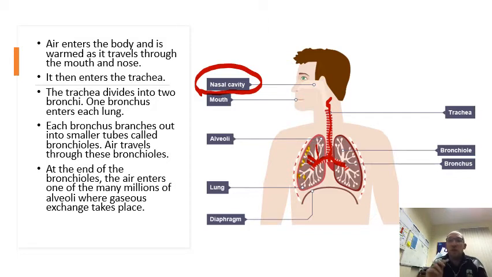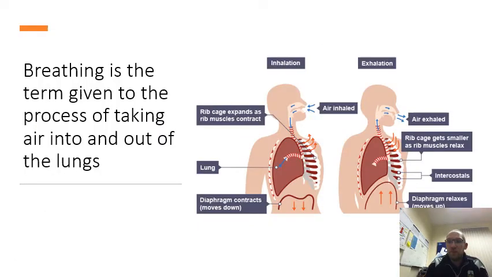You need to be able to say it as clear as that, so when you get a question, by knowing all the stages, the question then becomes very easy. Okay, so we've got it down the side here as well, which you can read through as well. Now, when we take in, so breathing is a term given to the process of taking air in and out of the lungs.